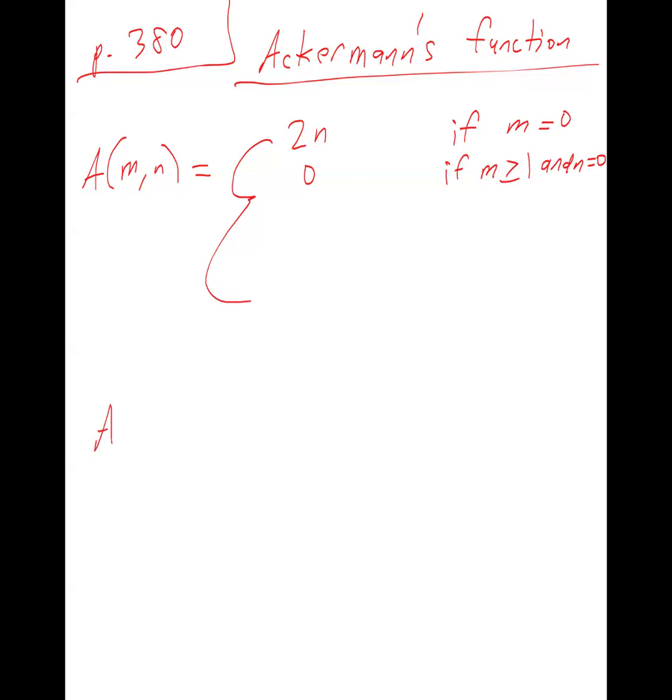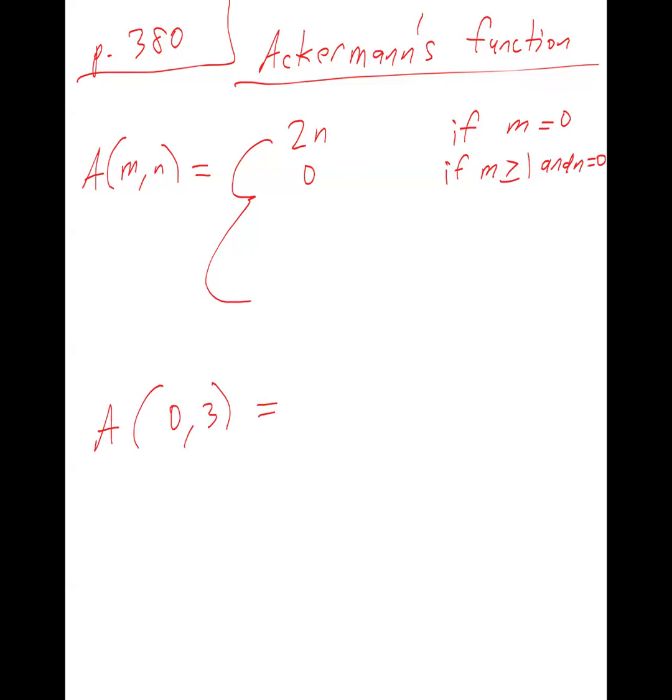Somebody tell me what A of 0, 3 is. Which number is m, the letter m, like M&Ms? 0. So which of those two pieces should apply to the input 0 and 3?